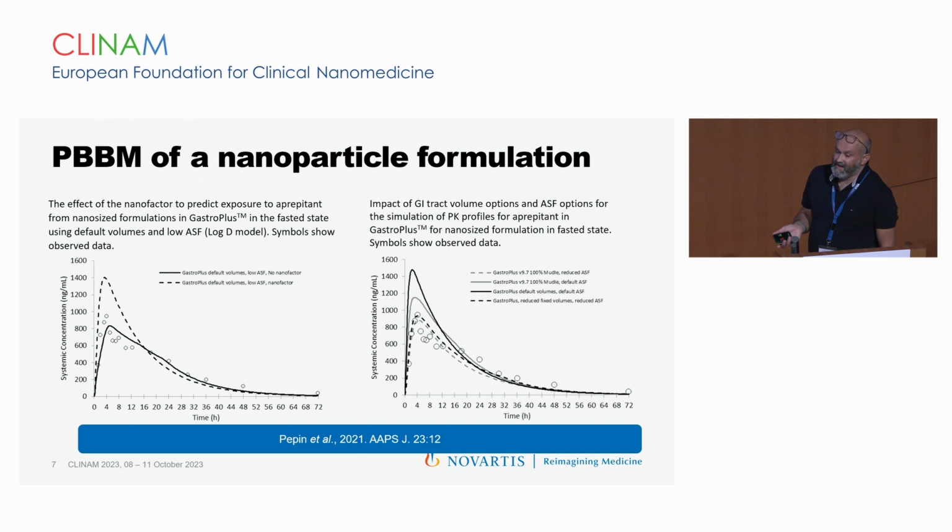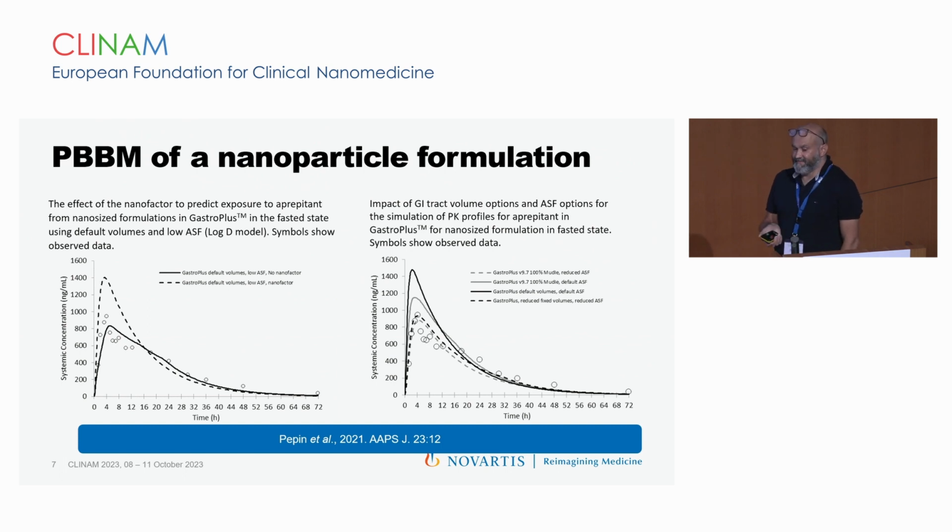So what does this look like in a real-life situation for the modelling of a nanoparticle formulation? These two graphs are very similar. All the solid profile lines are predictions, and the dots are the clinical data. On the left-hand side, we're looking at the effect of the nanofactor to predict the exposure of aprepitant, a nano-sized formulation, in GastroPlus in the fasted state, using the default volumes and low absorption scale factors.